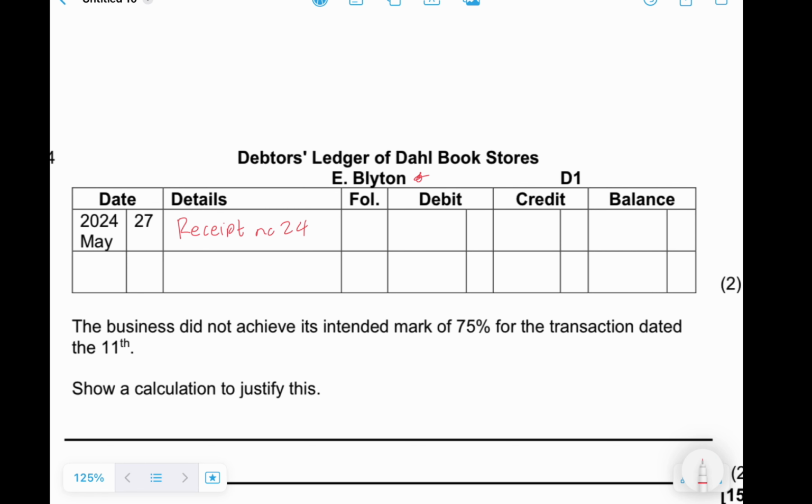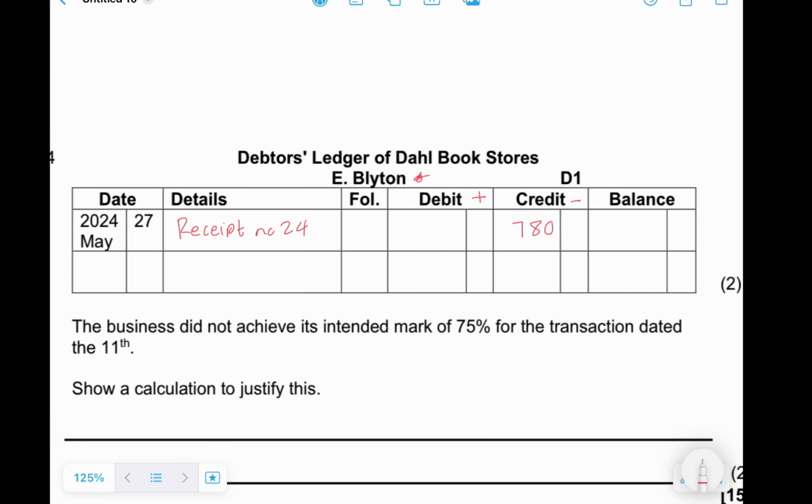On the 27th, what happened is that he paid. Whenever a debtor pays, you credit their account, because debtors always decrease on the credit side. When they buy, you debit them. In this case, he is reducing his account by 780 that we already calculated. So it's minus 780.